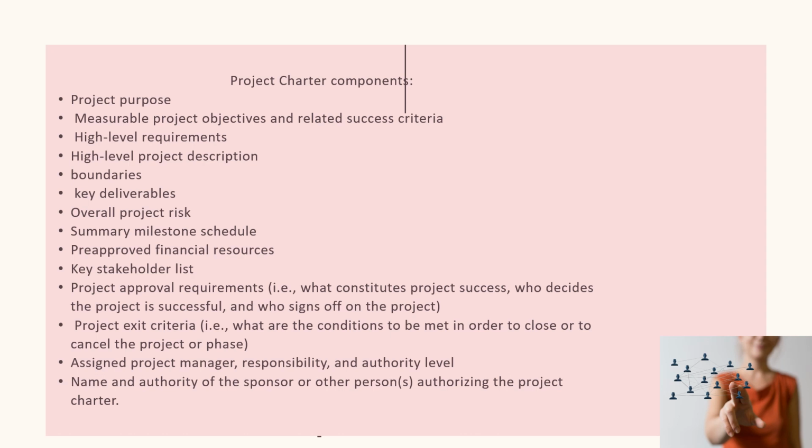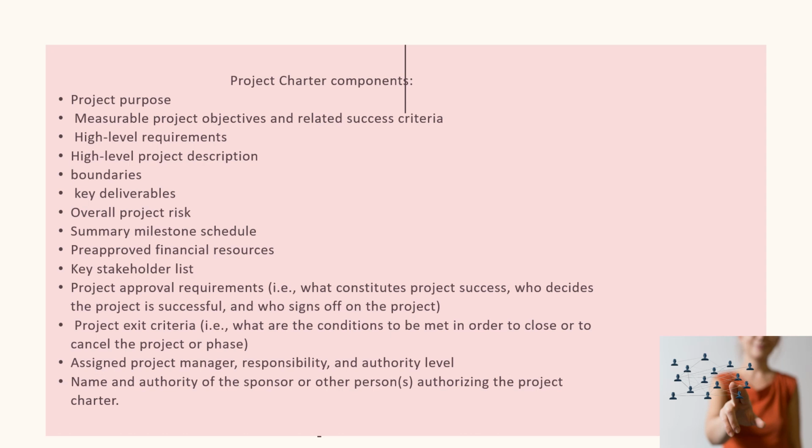Then you have also here the pre-approved financial resources, or the money that you're going to be using, the monetary value that you're going to be needing for this project. Then you have the key stakeholder list, the people who serve as stakeholders in your project, the project approval requirements, okay, examples would be what constitutes project success, who decides the project is successful, and who signs off on the project. You also write here the project exit criteria.